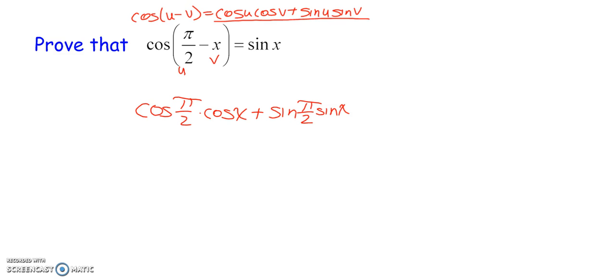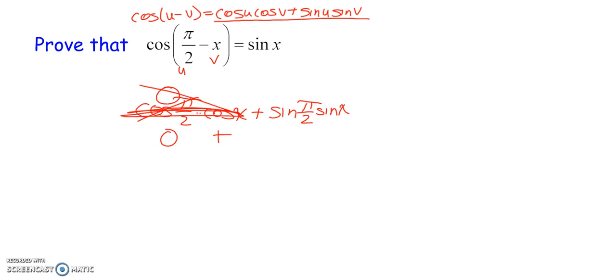All right, I should know the cosine of pi over 2. I should also know the sine of pi over 2. Cosine of pi over 2, this whole piece is 0, and 0 times cosine, this entire portion is 0. I don't need to write anything because now it's 0 plus.